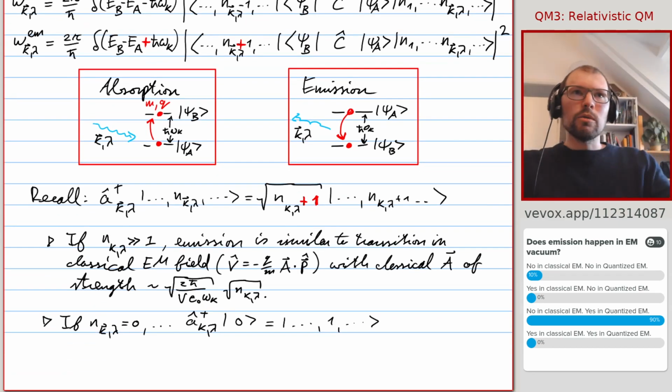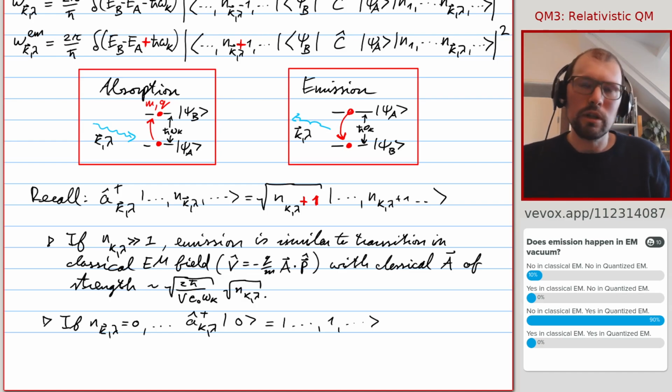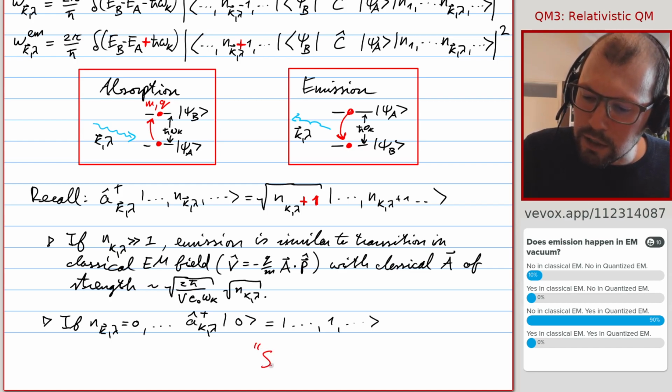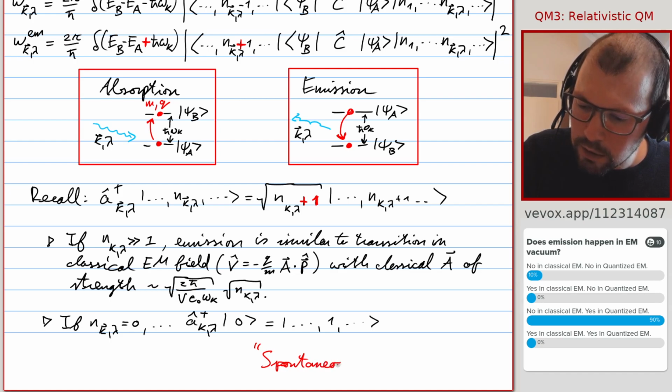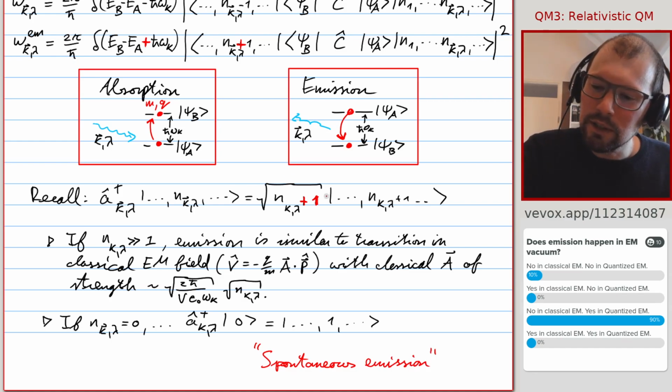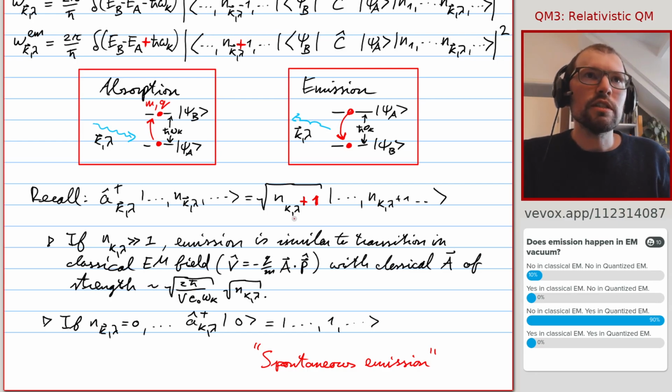So having the electromagnetic field quantized is actually crucial in producing light. And this is a purely quantum phenomenon. So this phenomenon is called spontaneous emission. And it relies crucially on the boson statistics in the Fock space.